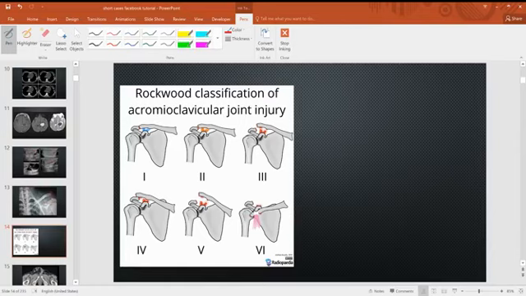Type 1 and type 2 are treated conservatively. Type 3, there is controversy about the treatment; some say plus minus surgery, and type 4 to type 6 are surgical treatment. So this is acromioclavicular injury.